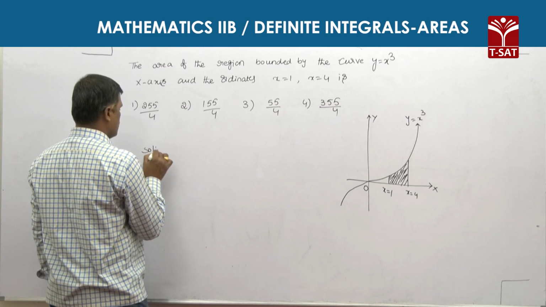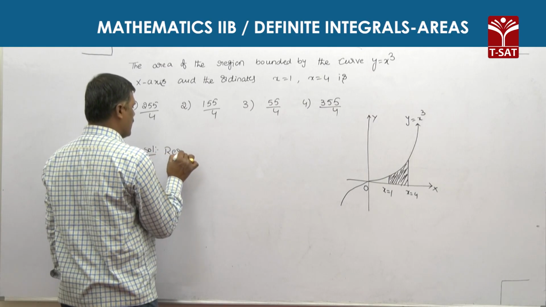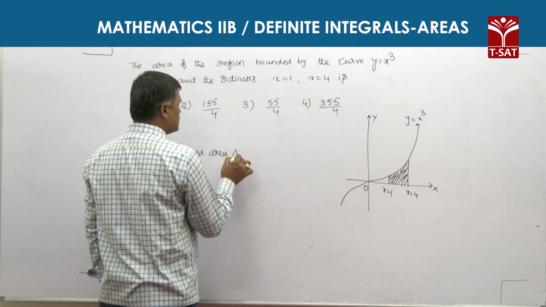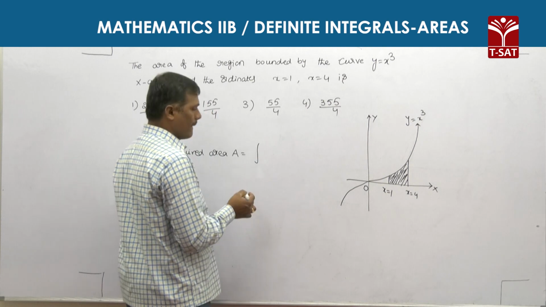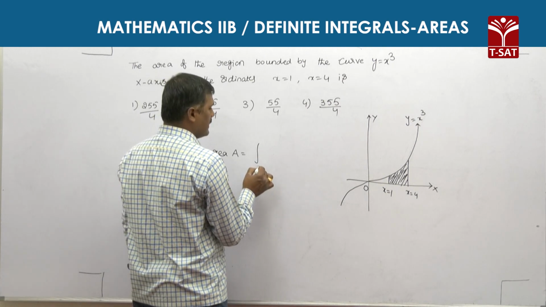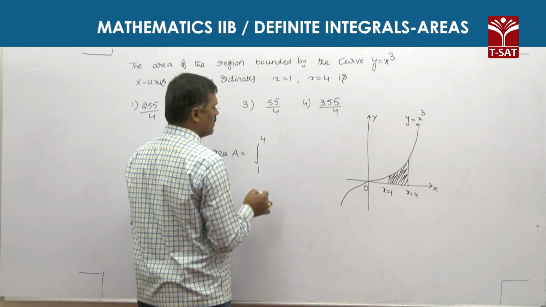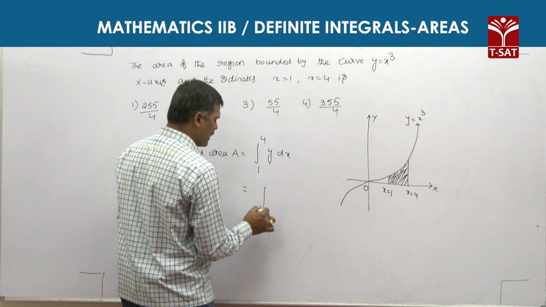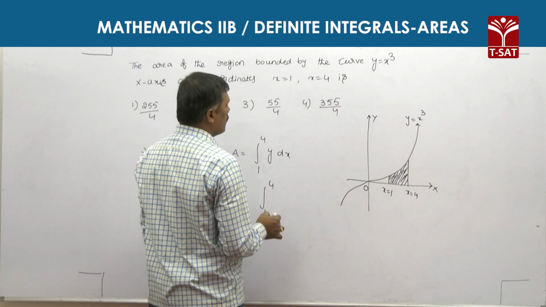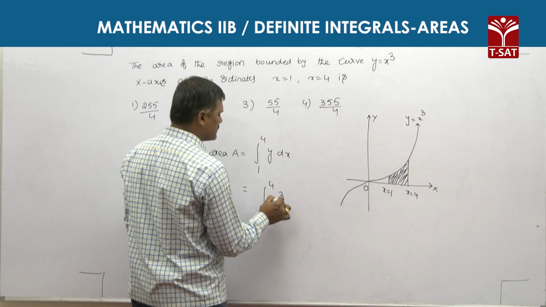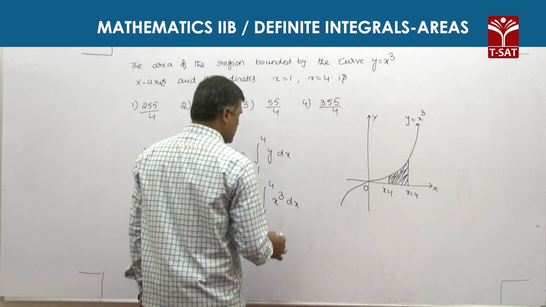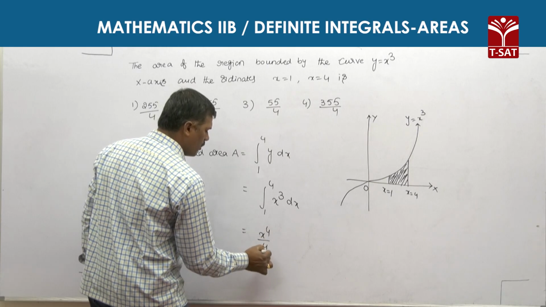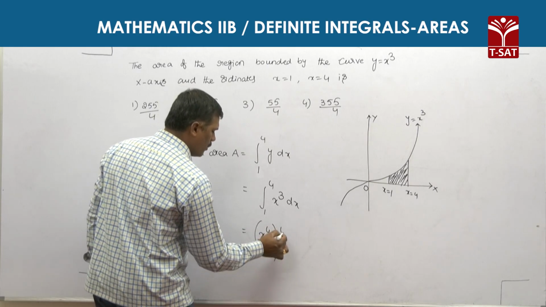Therefore, the required area, solution: A is equal to the integral with limits 1 to 4 of y dx, that is equal to the integral of 1 to 4 of x cube dx. Integration of x cube is x power 4 by 4, limits 1 to 4.